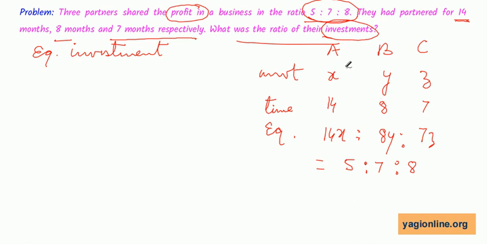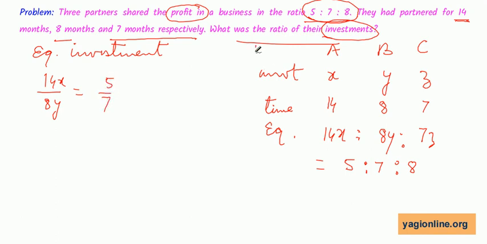Once again, now how to solve this problem? So we can proceed like this. If you look at this ratio, we can write 14x upon 8y is equal to 5 upon 7.